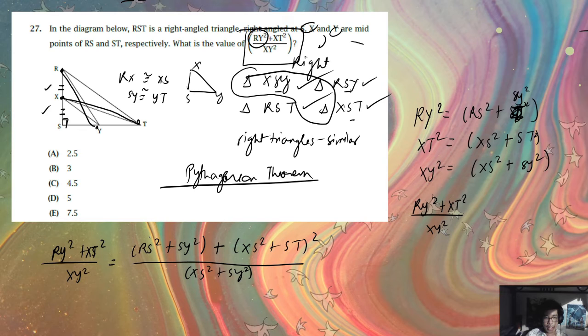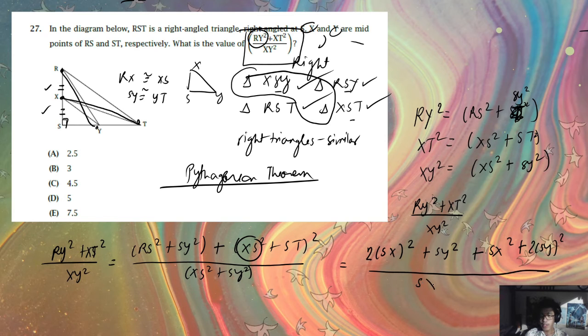Now, if they're congruent, then RS could be equal to 2 times SX, and ST could be 2 times SY. So we have 2 SX, squared, plus SX squared, plus 2 SY, squared, all over SX squared plus SY squared.